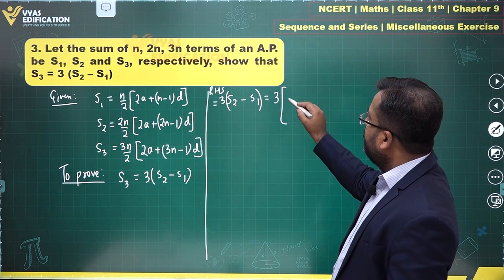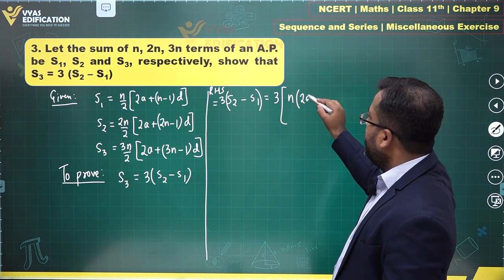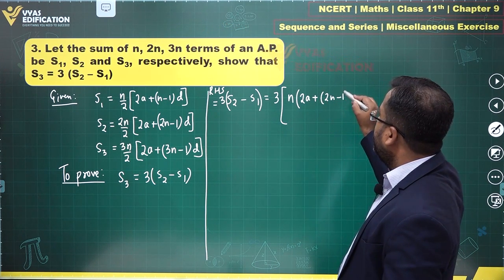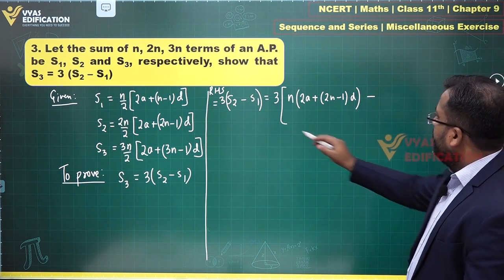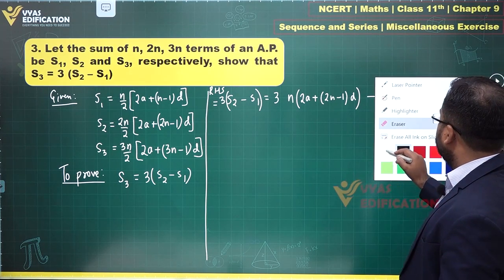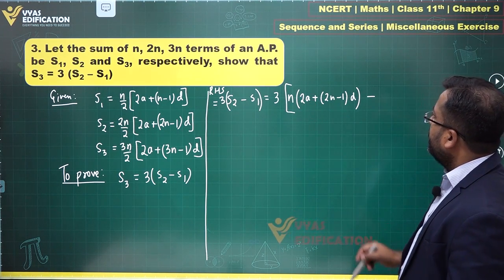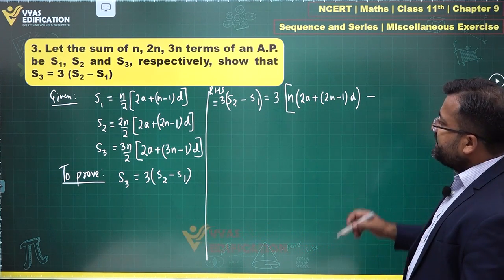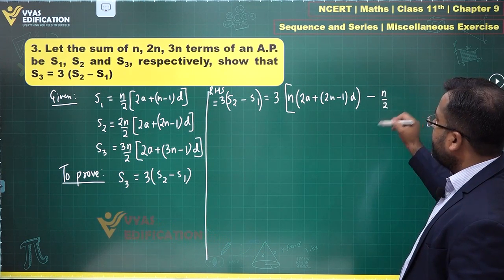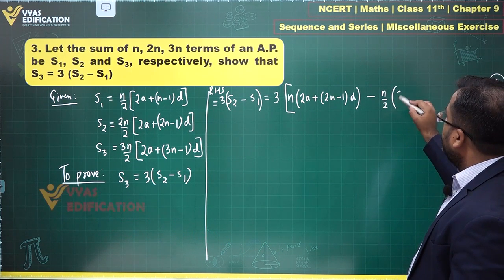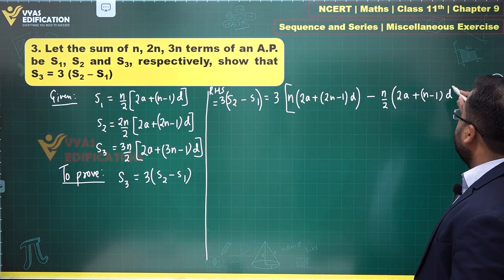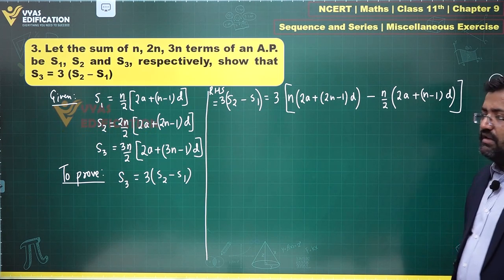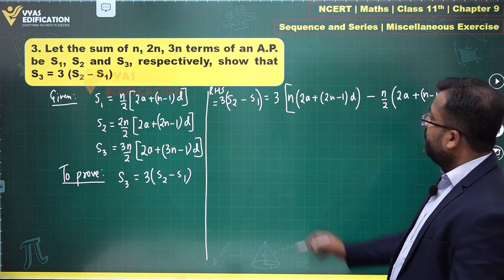S2 is 2n by 2, which is n times (2a plus (2n minus 1) d) minus, this is a square bracket, S1, which is n by 2. In the bracket you have 2a plus (n minus 1) times d, okay, like this. This is what you have in the RHS.